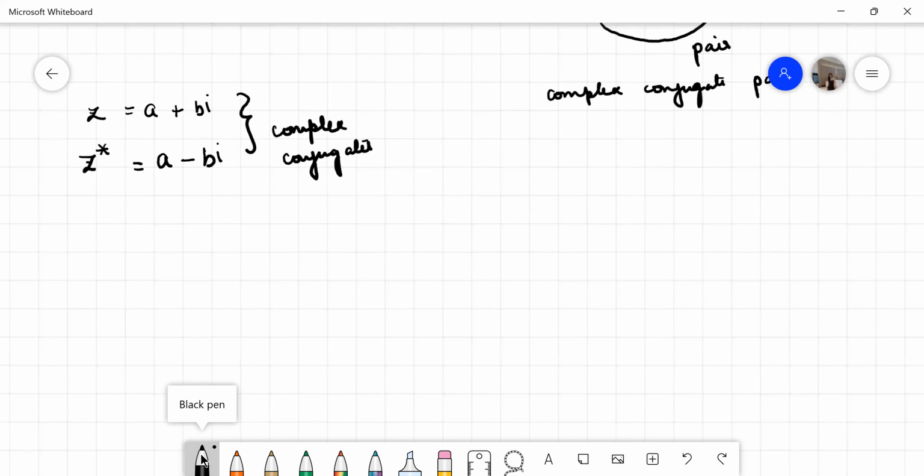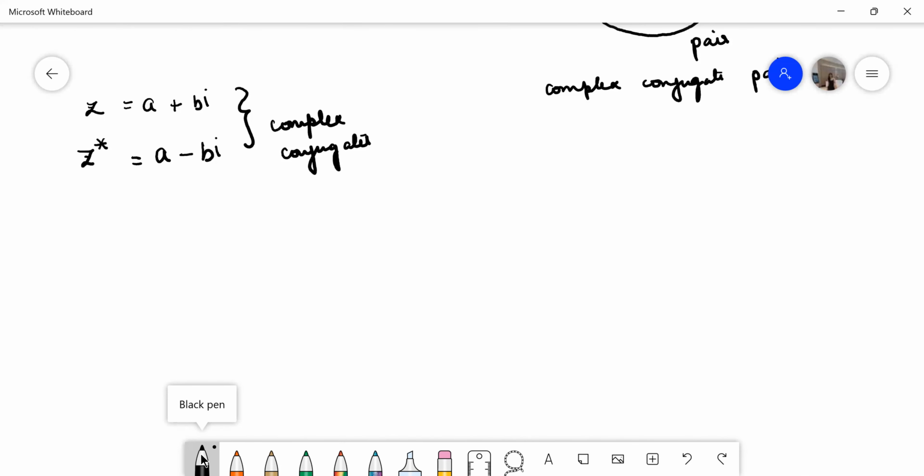Let us try to multiply these two complex conjugates and see what we get. a plus bi multiplied with a minus bi. We can use the same method as we use for any other algebraic multiplication.